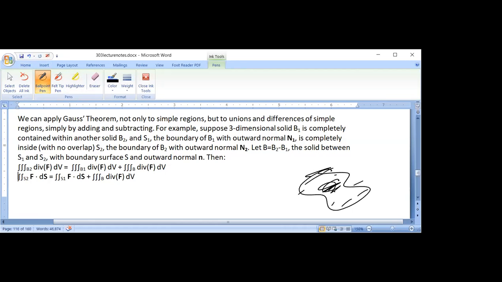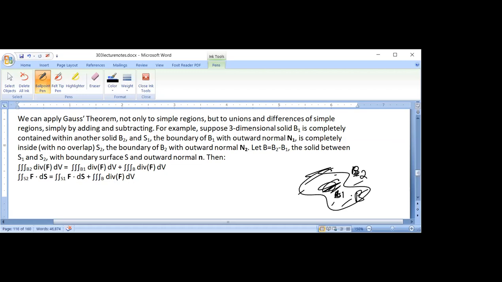So inside is number 1, and outside is number 2. Now, we're going to talk about the solid that is between them. So if you like B2 minus B1, actually, I'm going to label that as B. So B is the solid that is between them.